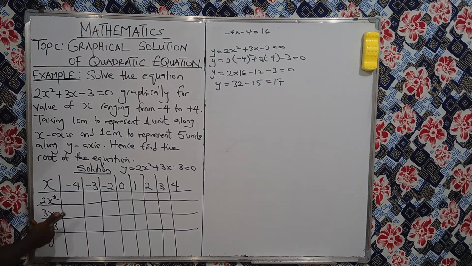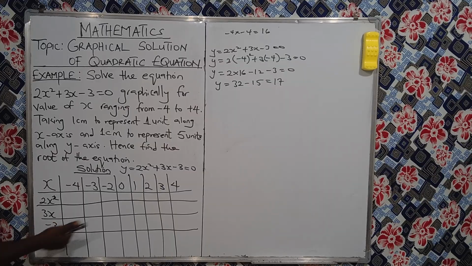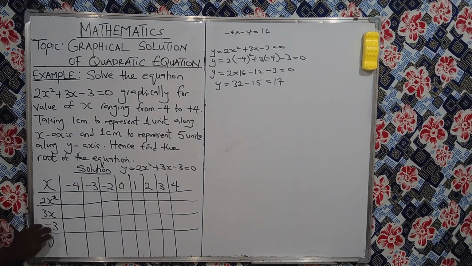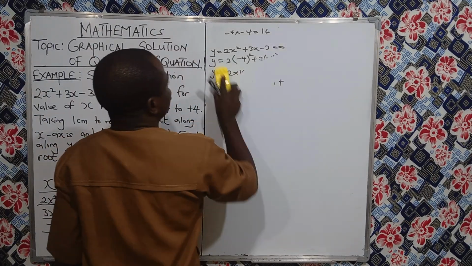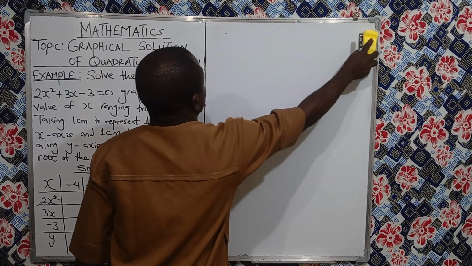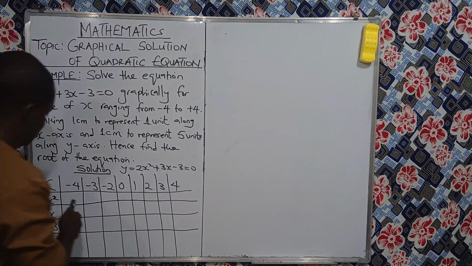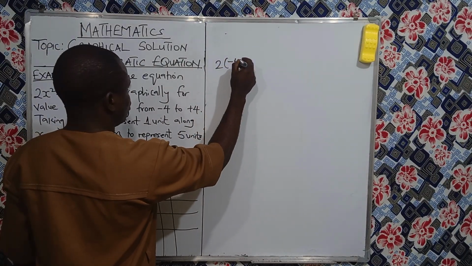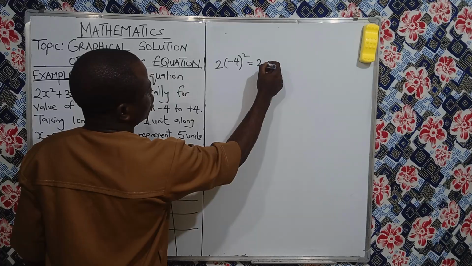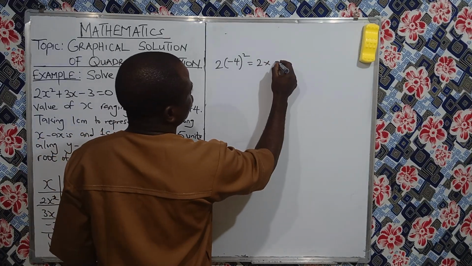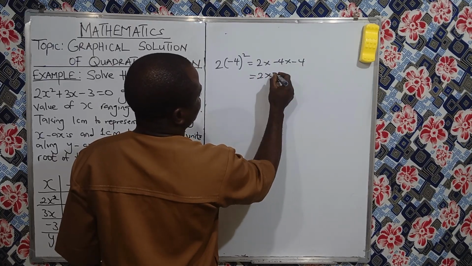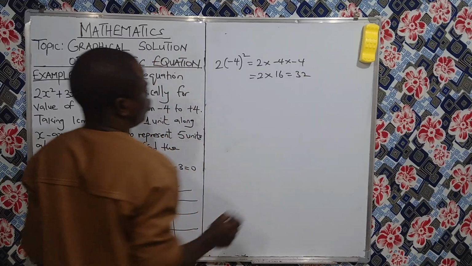You don't need to put 2x squared, 3x minus 3 separately. You can just put y and calculate your y directly, but I want to separate it so that we can add it and get our y. This is another method of doing it. Let's see. When x is minus 4, let's substitute as 2 into minus 4 squared, which is 2 times minus 4 times minus 4, that's 16, which is 32.